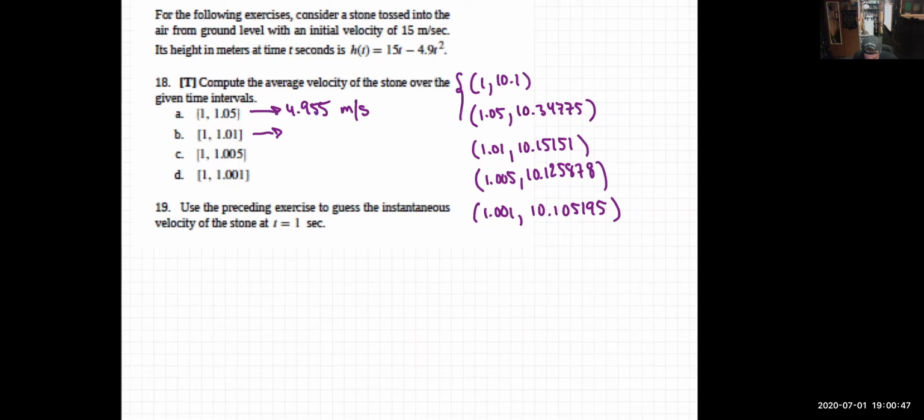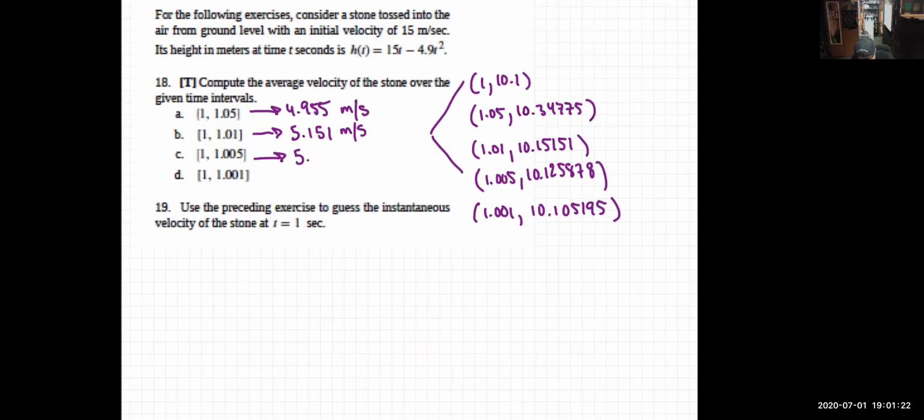Let's see. Then from there, for 1.01 to 1, that would be 0.15151 minus 0.1 divided by 0.01. That is going to be 5.151 meters per second. Now we're using these two, so 0.125878 minus 0.1 divided by 0.005.